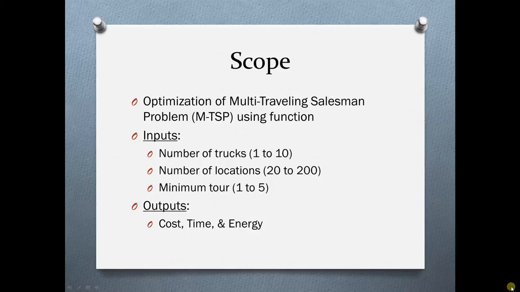To begin, I'm going to give a little bit of a background on my scope. What I was trying to do was optimize the multiple traveling salesman problem, or the MTSP, you may have heard of it, using some kind of business function.